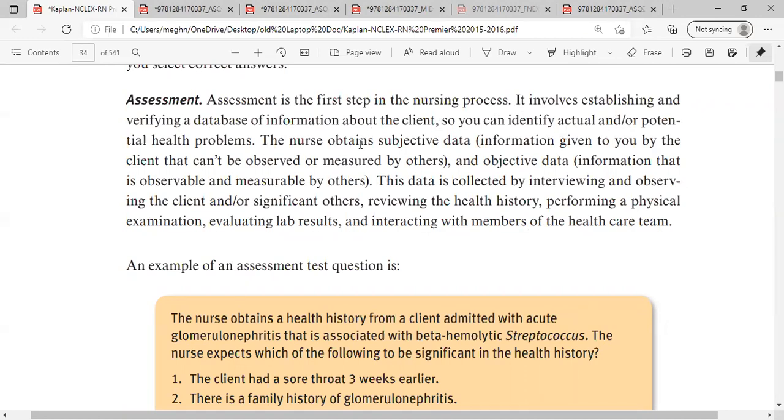The nurse obtains subjective data and objective data. Also, this data is collected by interviewing or observing the client and significant others, reviewing the health history, performing the physical examination, and evaluating lab results. Also, interaction with members of the healthcare team.